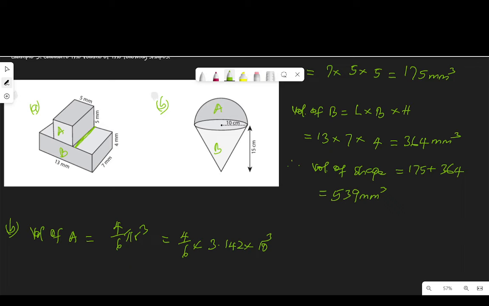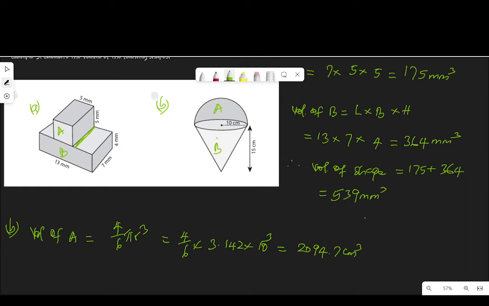Then multiplied by 4 is 12,568. Then divided by 6 is 2,094.7 approximately, and the unit is centimeter cube. That is the volume of the hemisphere on top.